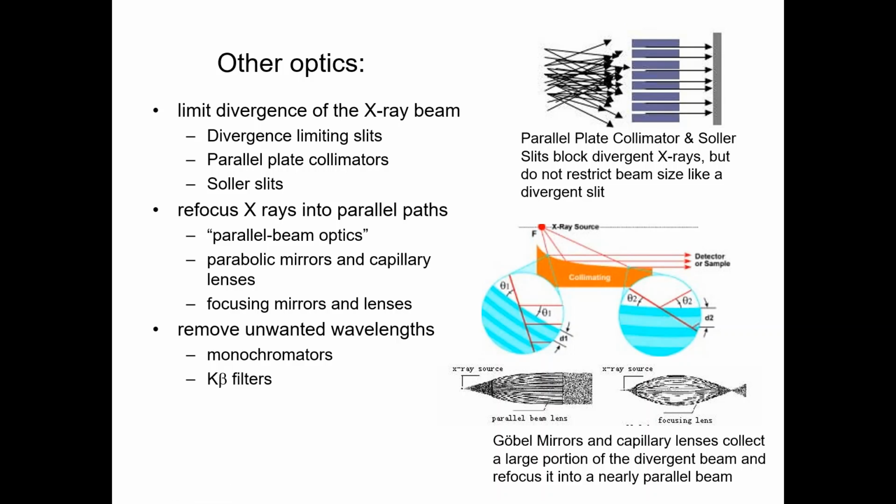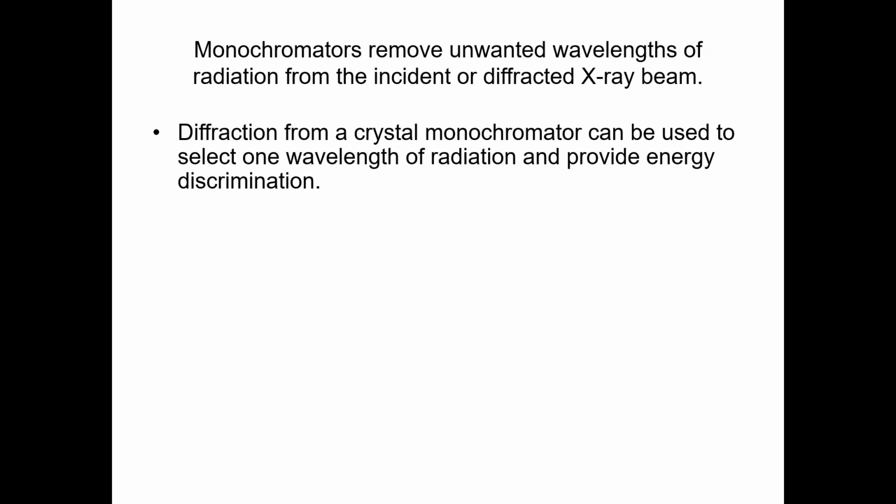To remove unwanted wavelengths, we can have monochromators, and we can also have K beta filters. Monochromators remove unwanted wavelengths of the radiation from the incident or diffracted X-ray beams.